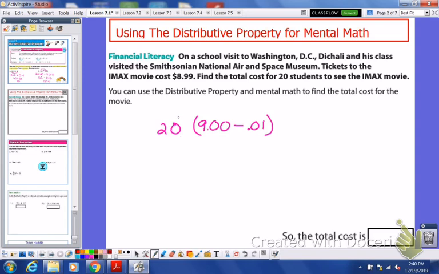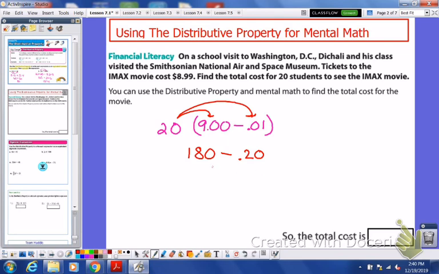So then we use our distributive property. 20 times $9 would be $180, minus 20 times 1 cent would be 20 cents.